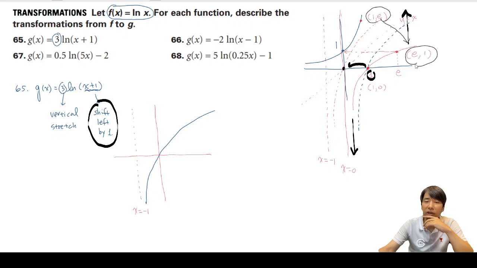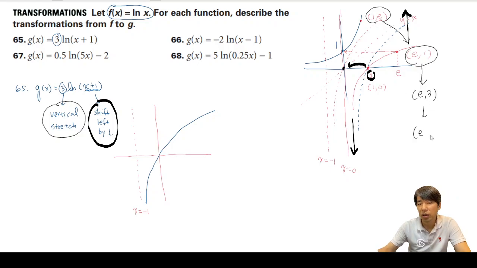So if you apply these transformations, how does this thing transform? First of all, when you do the vertical stretch by a factor of 3, you multiply that 3 to y, so it becomes e, 3. Now, when you shift this thing to the left by 1, you subtract 1 from the x coordinate.